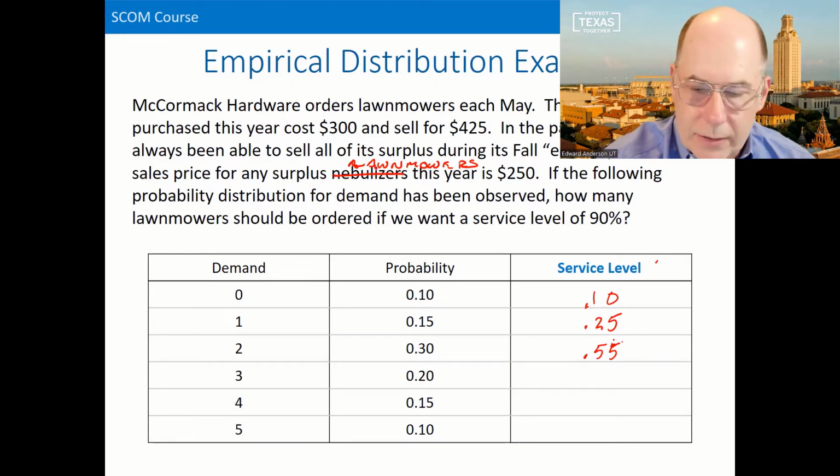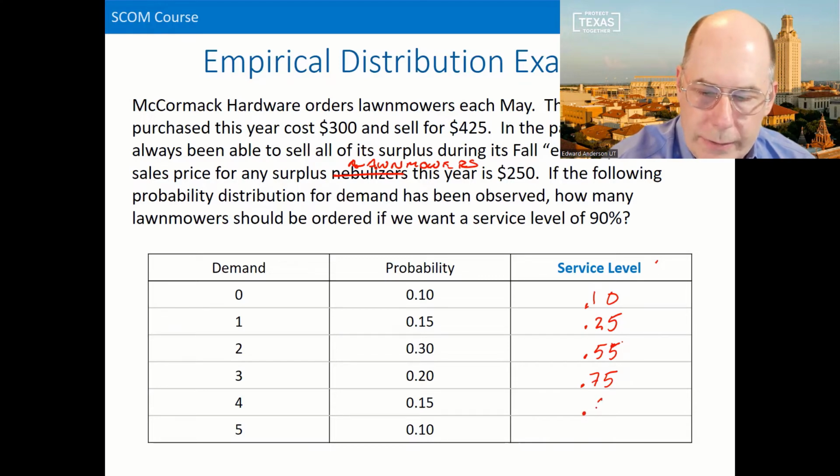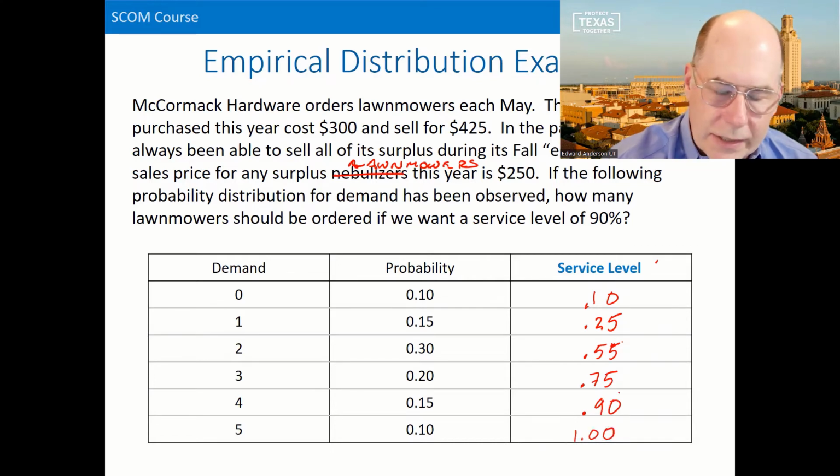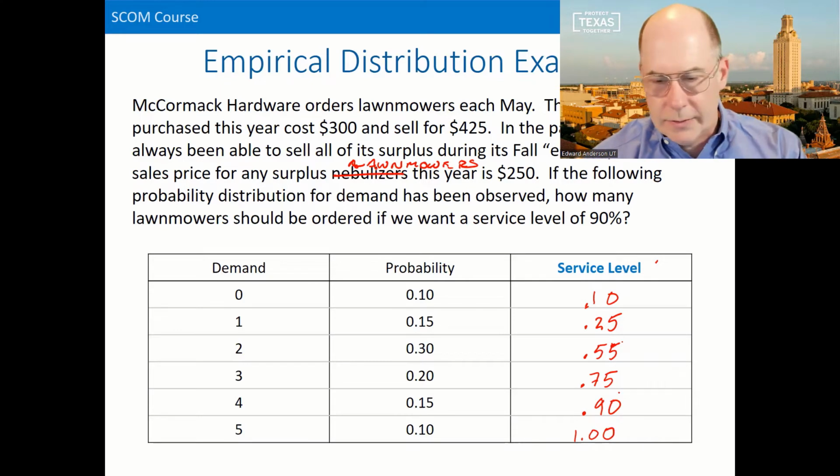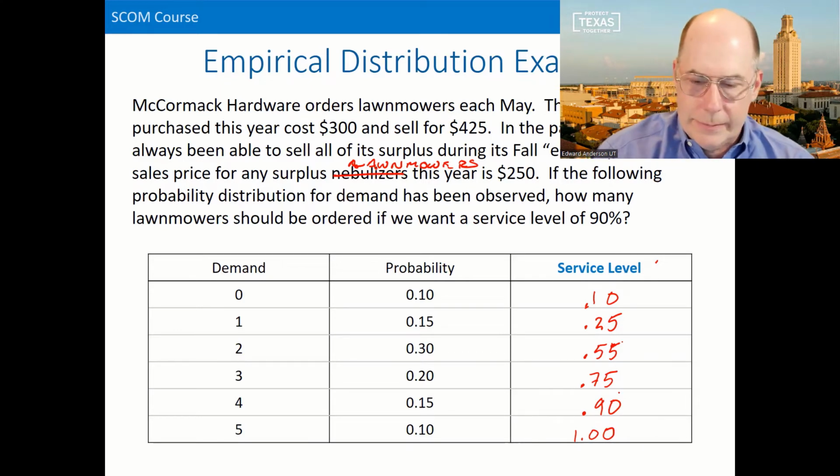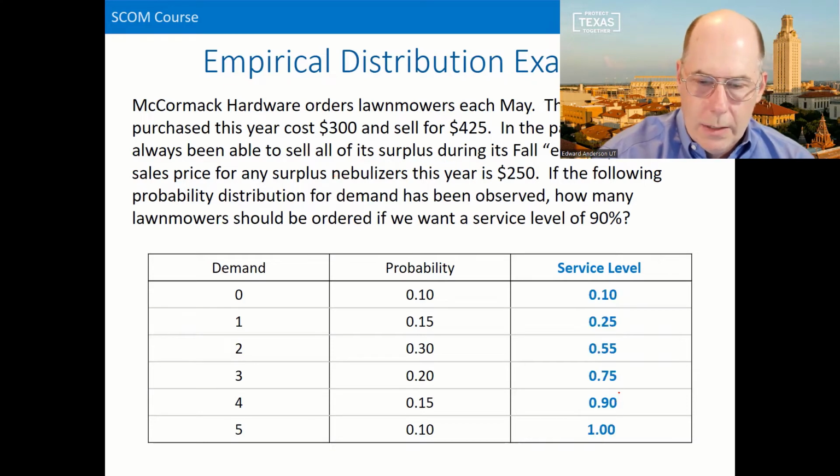And we can proceed likewise. 3, if we order, is going to give us a 75% service level. 4 would be 0.9. And then it's always going to be 5 or less, so we've got a 100% chance of achieving that. So there it is in a more pretty form.